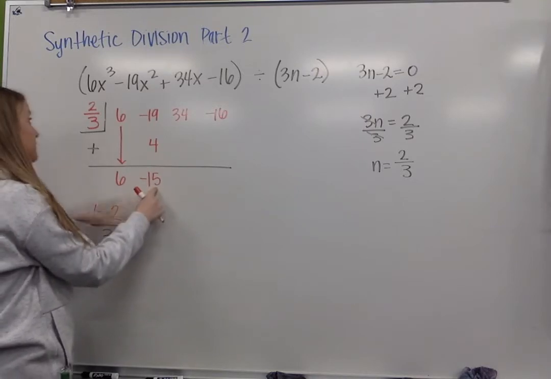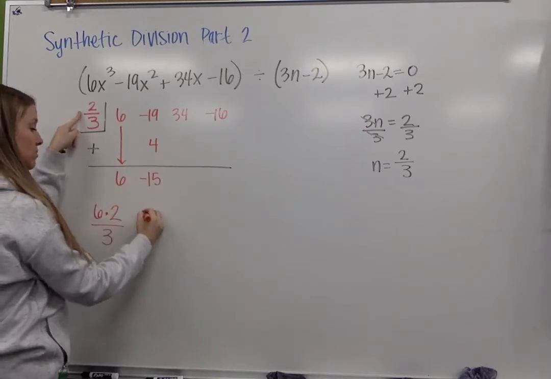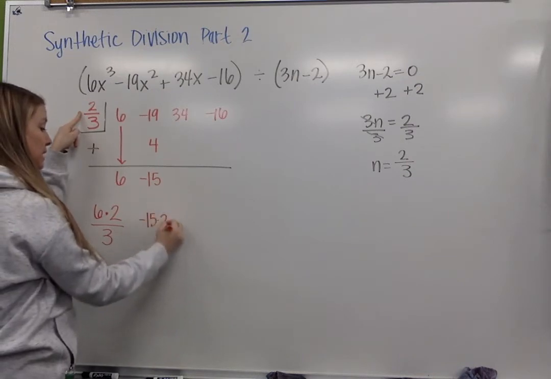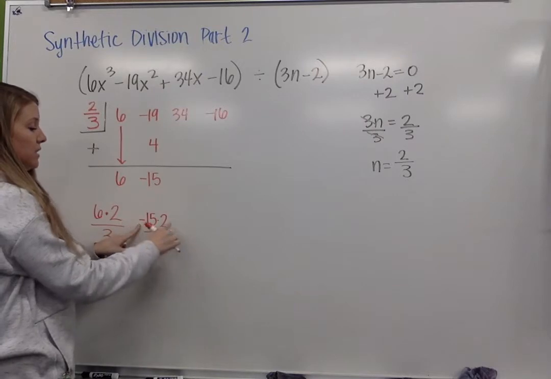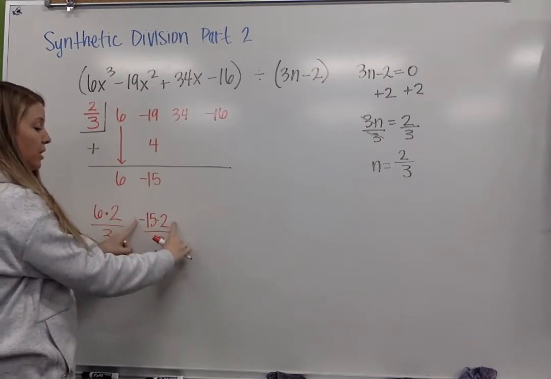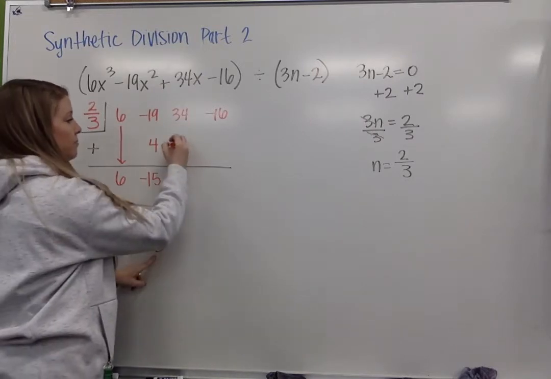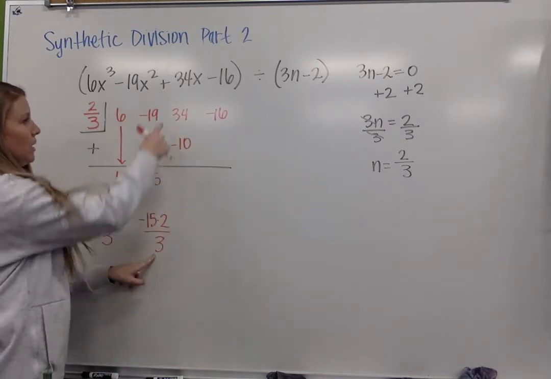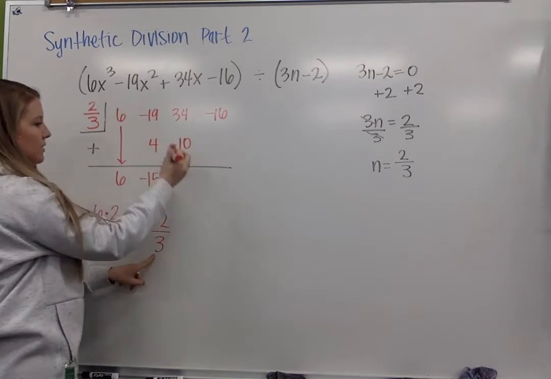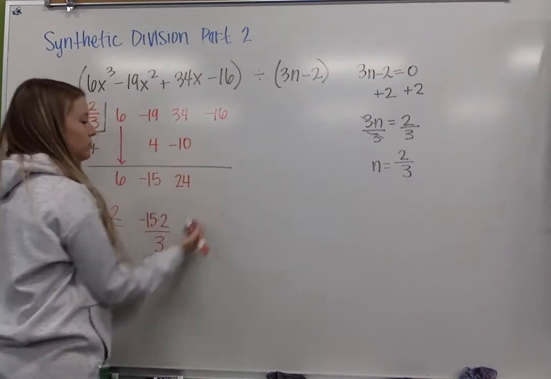So -15 times 2/3 is -15 times 2 divided by 3. -15 times 2 is -30, divided by 3 is -10. Okay, 34 plus -10, that's 24.